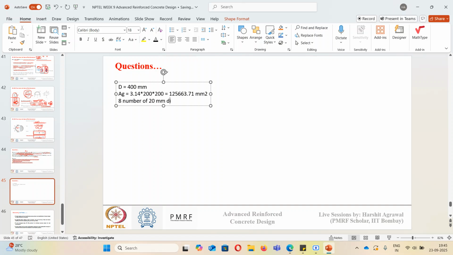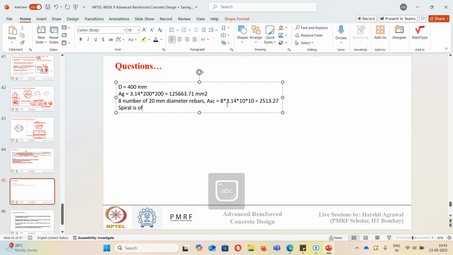Now we are provided with 8 rebars of 20 mm diameter. So ASC will be equal to 8 into 3.14 into 10 into 10, which comes out to be 2513.27. Now the spiral is of 8 mm diameter, so we can calculate the area of the spiral, which is 3.14 into 4 into 4, so it is 50.27 mm square.